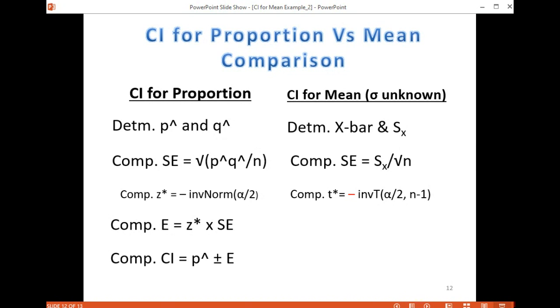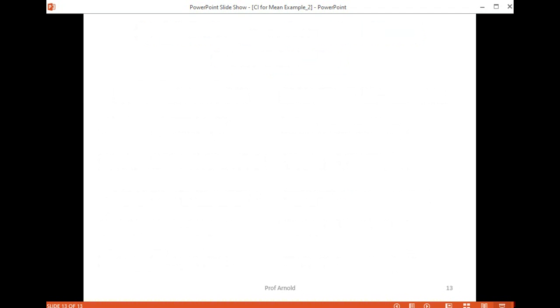So now we're ready to find E, and that would be the T star times the SE, and the confidence interval would be x bar plus or minus E, if we write it in that notation. You know, I choose to write it in that notation because if I use the other notation, it wouldn't fit. But I know you're smart, you know what to do. You know how to write a confidence interval in the interval notation. You can do that very easily.